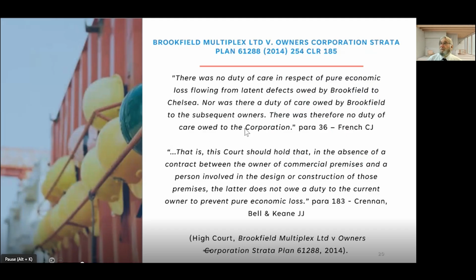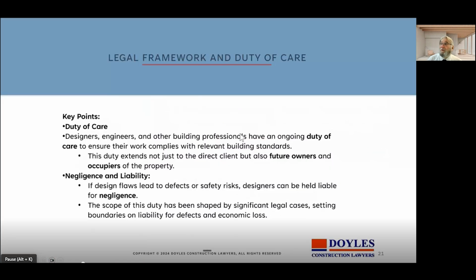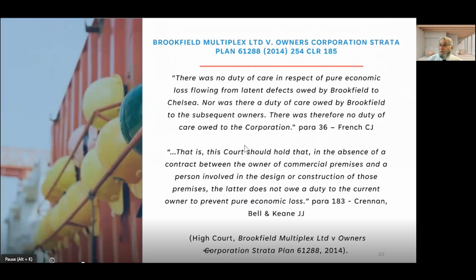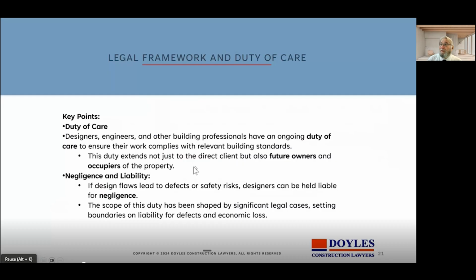But in Brookfield Multiplex, they found that for the pure economic loss flowing from latent defects, there was not a duty of care owed to subsequent owners, and there was therefore no duty owed to the actual strata corporation. So that's a case that was a bit awkward, and obviously a situation where it called for a legal intervention in Parliament's view.